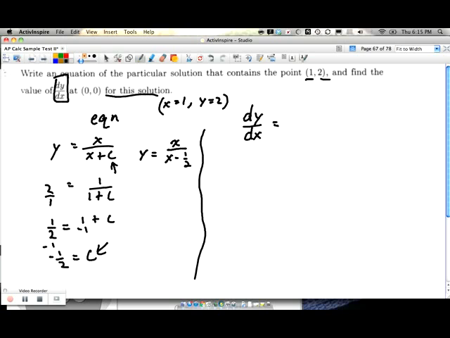Again, I'm just going to replace x with 1 and y with 2. That tells me I have 2 minus 2 squared over 1, which is 2 minus 4 over 1, or negative 2. So that's my slope.